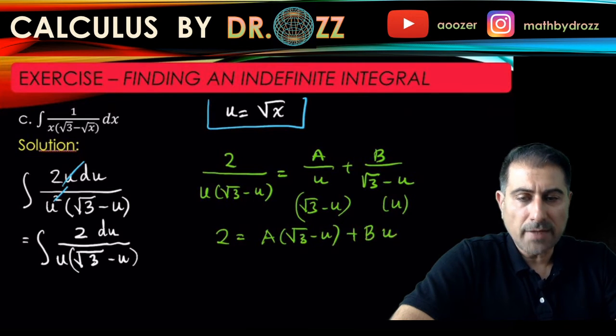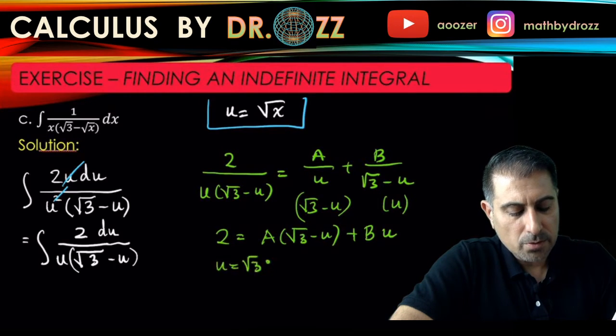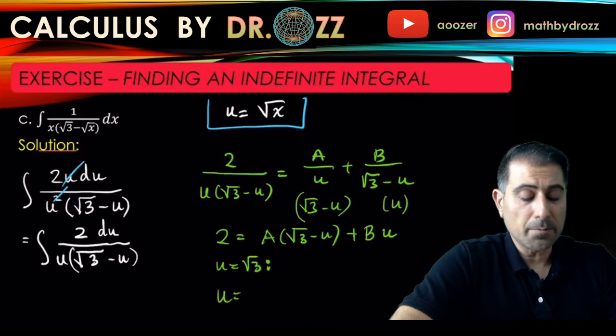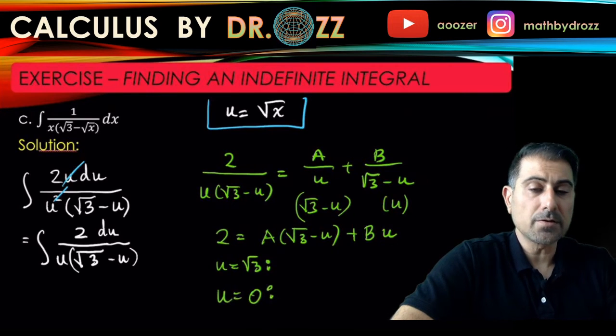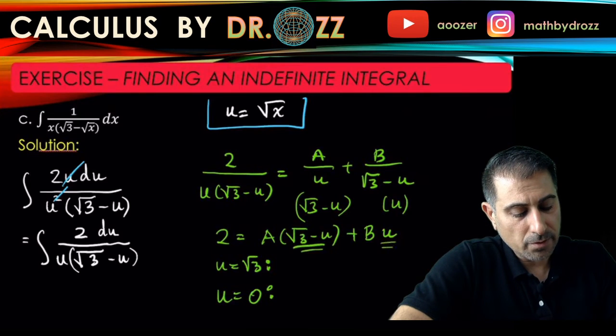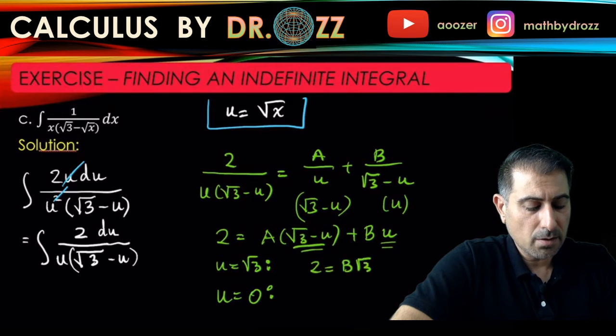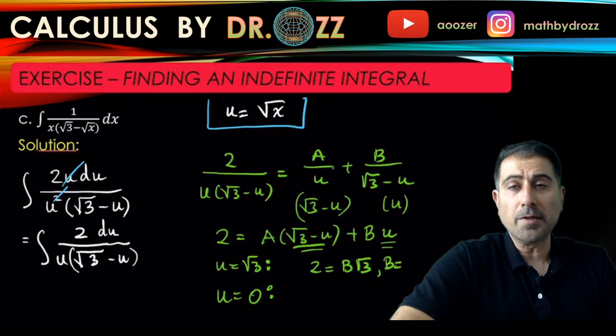So we're going to get simple values. Let's say u equals radical 3 and u equals 0. I'm just getting the zeros of these factors as the simple values. So if u equals radical 3, 2 equals B times radical 3. So that makes B to be 2 over radical 3.